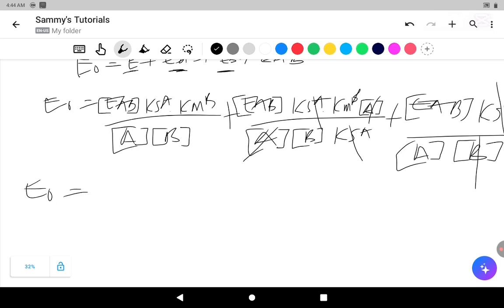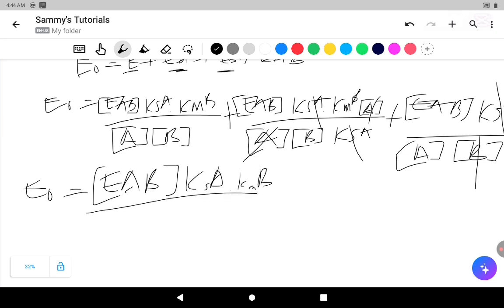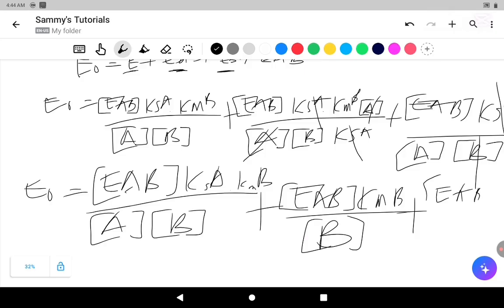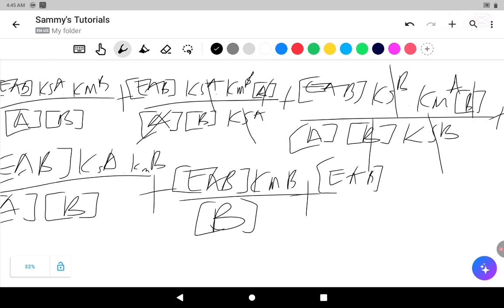So we have E naught equals to EAB, take note, KSA times KMB all over A B, plus this time around you have just EAB times KMB all over B. The rest has been cancelled out, plus this time around you just have EAB times KMA only, all over A, right? That's the only thing you have. All the rest has been cancelled out, plus EAB.